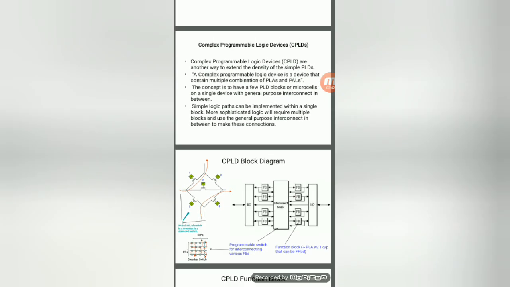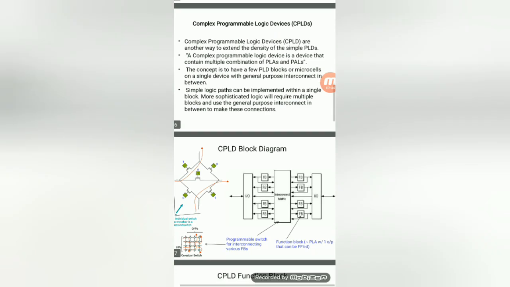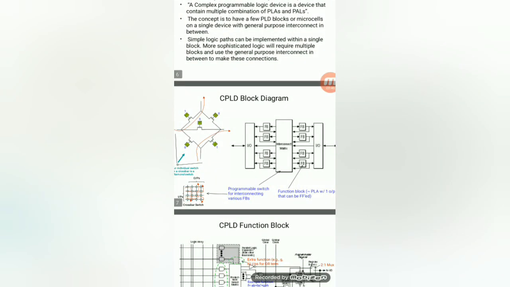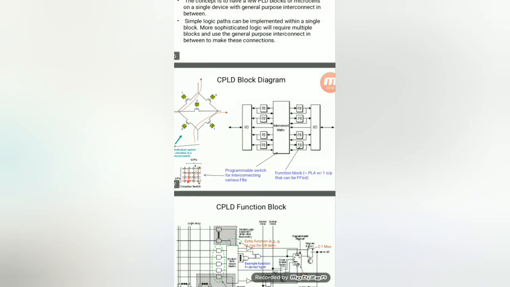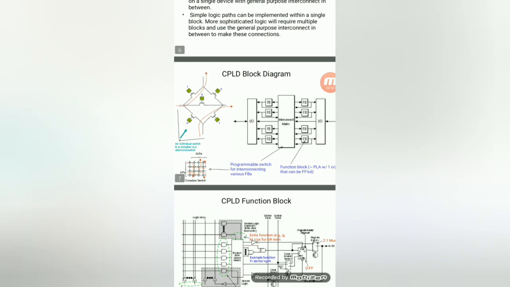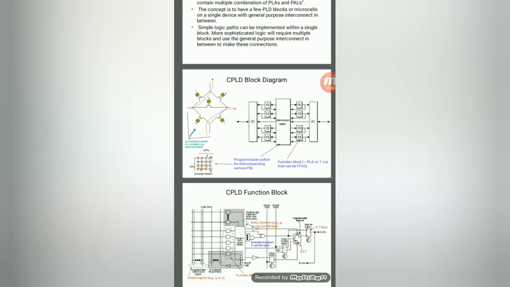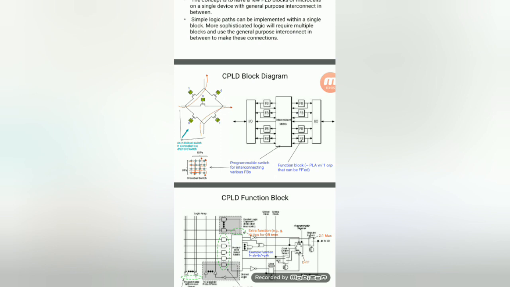The block diagram of CPLD is shown in the figure. It consists of an IO block, functional blocks, and an interconnect matrix block. Based on our requirements, we can interconnect the logical blocks and get the particular operation. That is the functionality of the interconnect matrix.